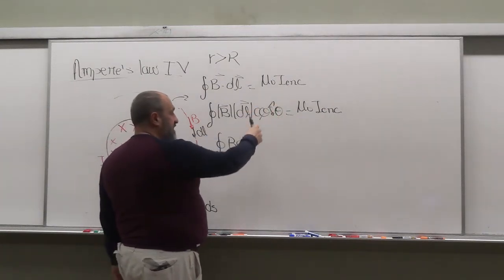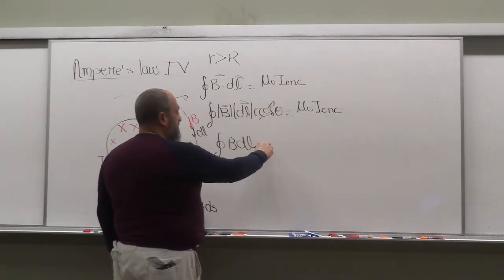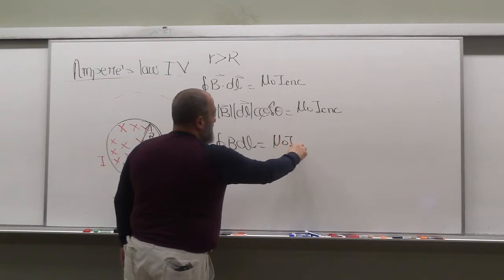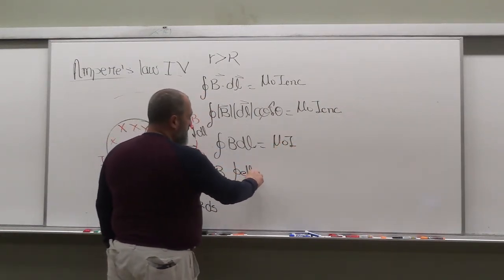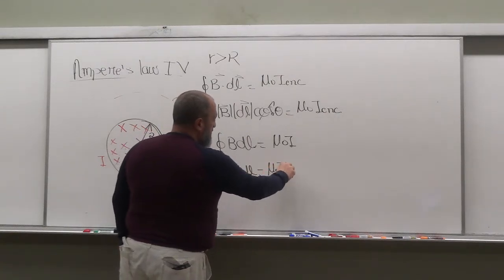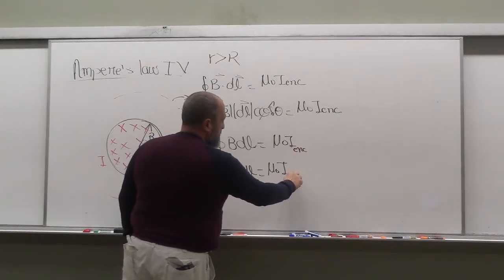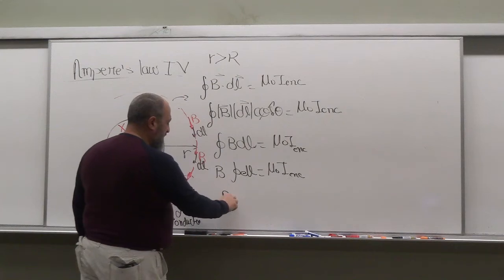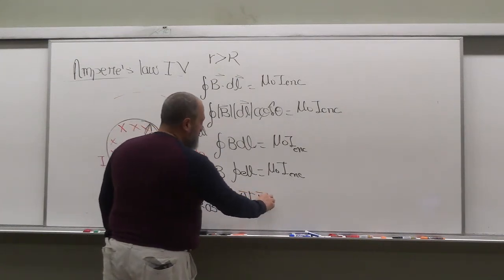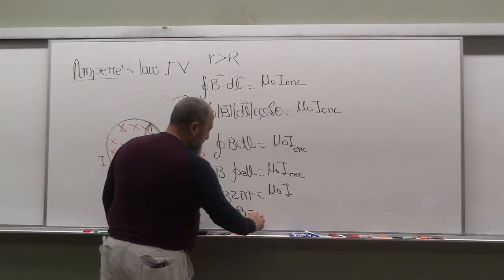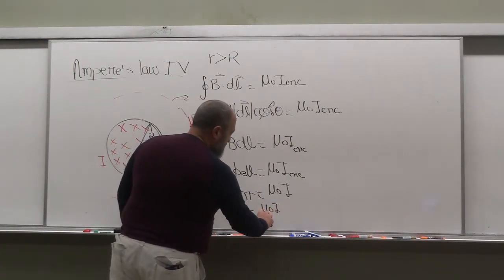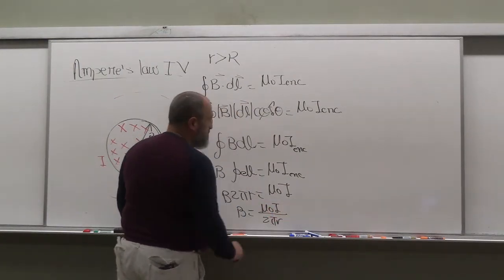Why? Because the angle doesn't factor anymore. B is uniform, B comes out of the integral, and what you end up with is B outside times the integral of dl. Okay, I'm doing this again. You have mu naught I enclosed. That's going to give me B times 2 pi r equal to mu naught I total, and B outside is, as expected, mu naught I over 2 pi r. That's a piece of cake.